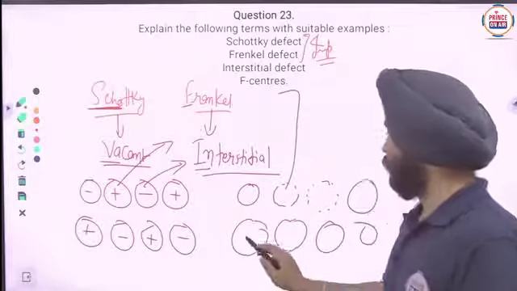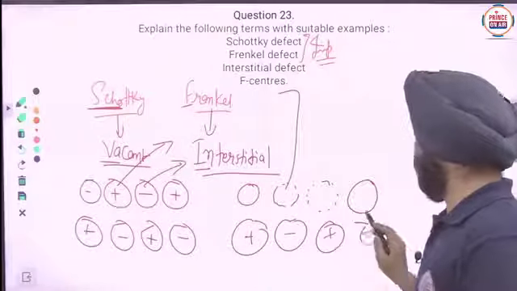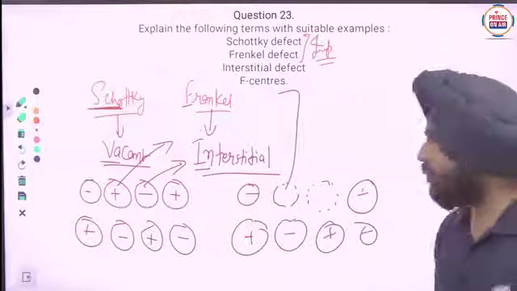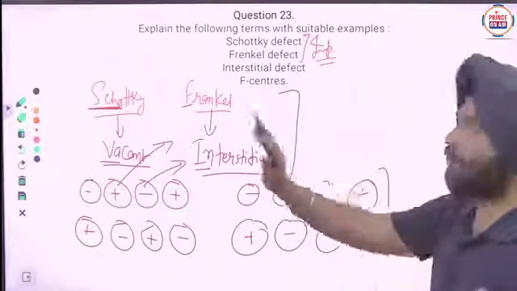So these are the forms, and here the vacancy will be created. That type of defect is known as Schottky defect.